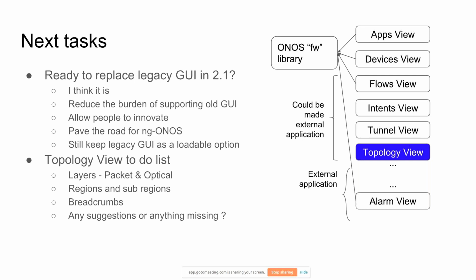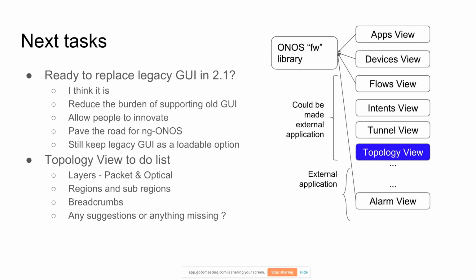And also let people find a problem. I don't expect many, but if they find a problem, they just change to GUI 1, see how it is, and report it. So Sean, us, and everybody else can put it in GUI 2, and then at some point in the 2.2 release, remove the code entirely.